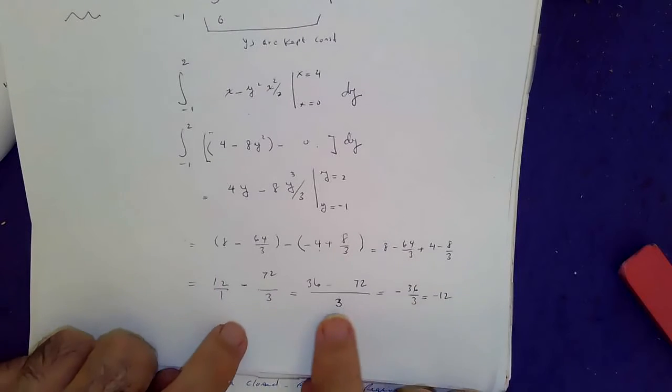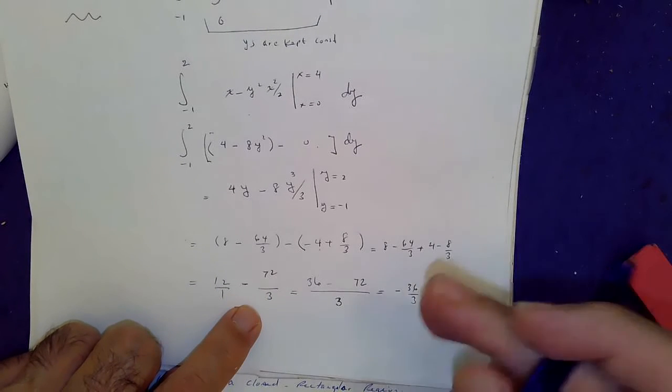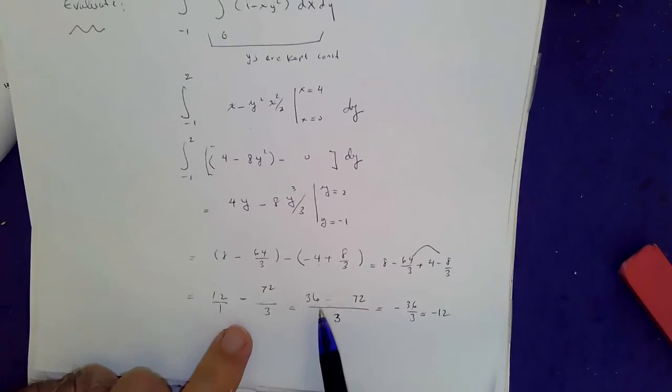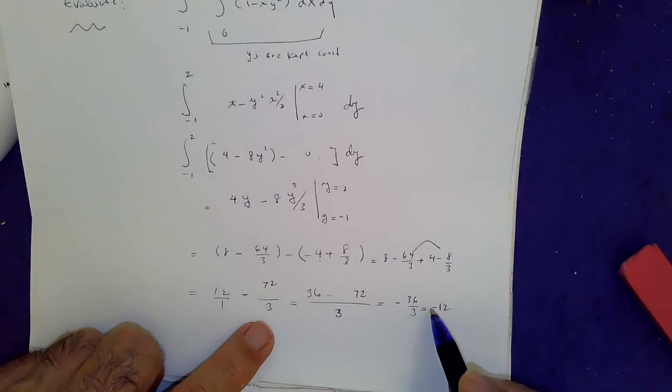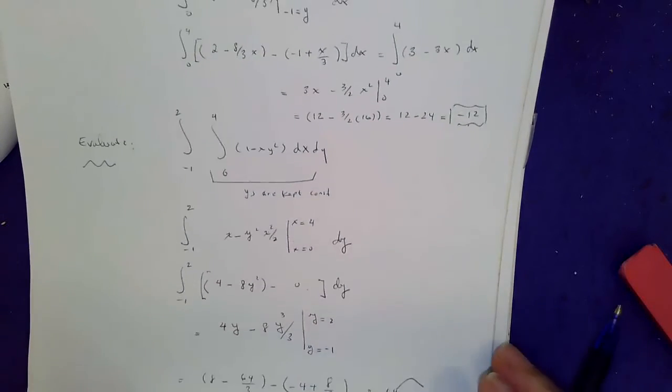This is supposed to be minus 72 over 3 when you add these two fractions. Sorry about that. And then when you find the least common denominator and all that good stuff, notice you still get -12, which you're supposed to.